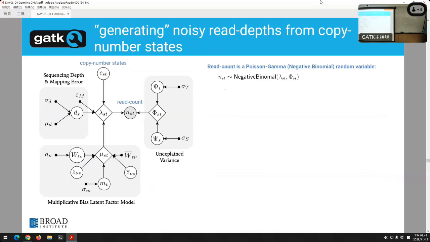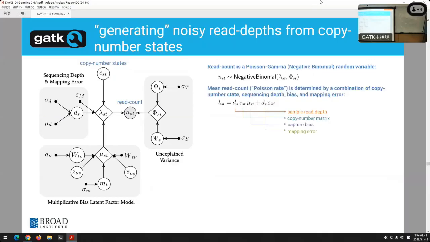And we can write a bunch of equations to describe the relationships between these parameters. First, we said earlier that the read count is a random variable. So we can model it with a Poisson gamma distribution, also known as negative binomial. Then we can write an equation to describe the relationship between the read count and all these other factors: the copy number state, the sequencing depth, mapping error, and our latent bias factors.